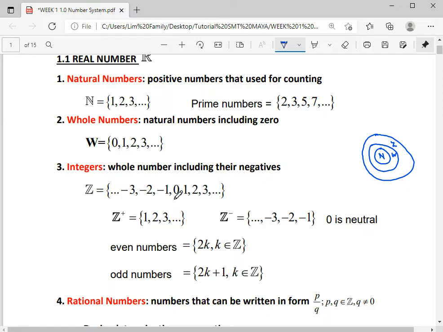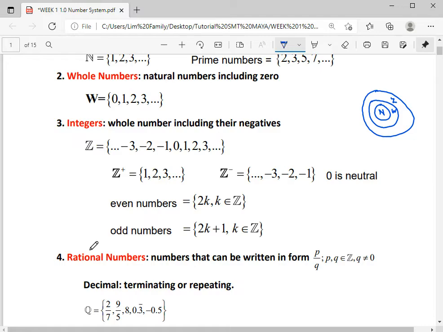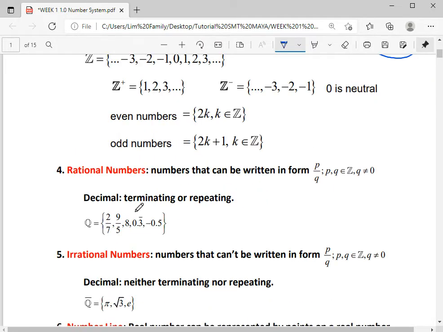So when we start to involve decimals in our number, it is the category of rational numbers. So rational numbers, getting bigger, involve decimals. The decimal can be terminating or repeating, like 0.5, where terminating means it stops, or the decimal is repeating, like 0.33333.